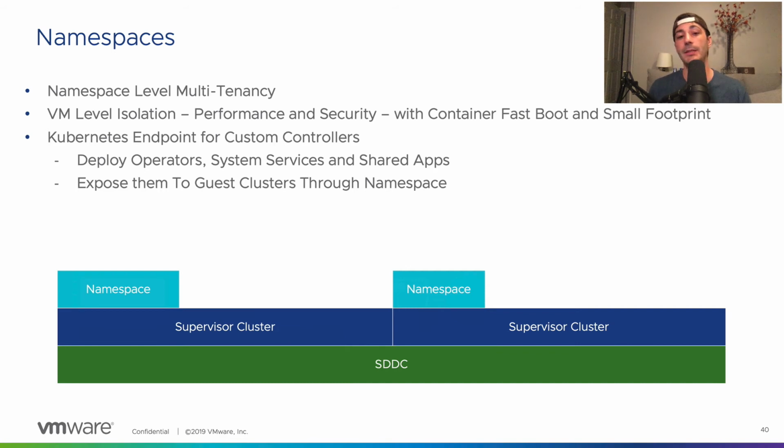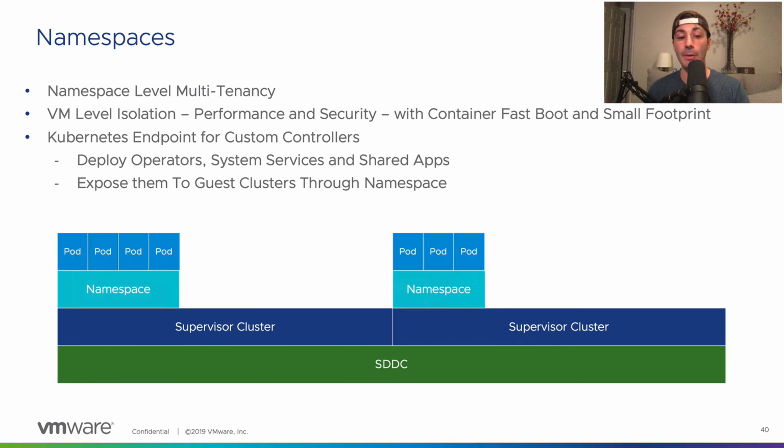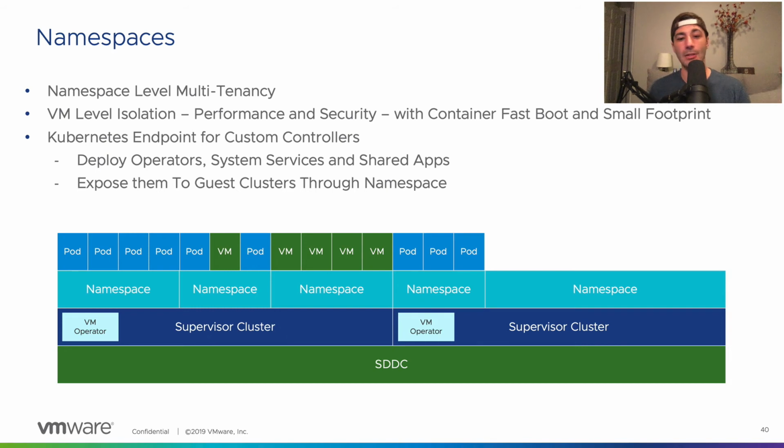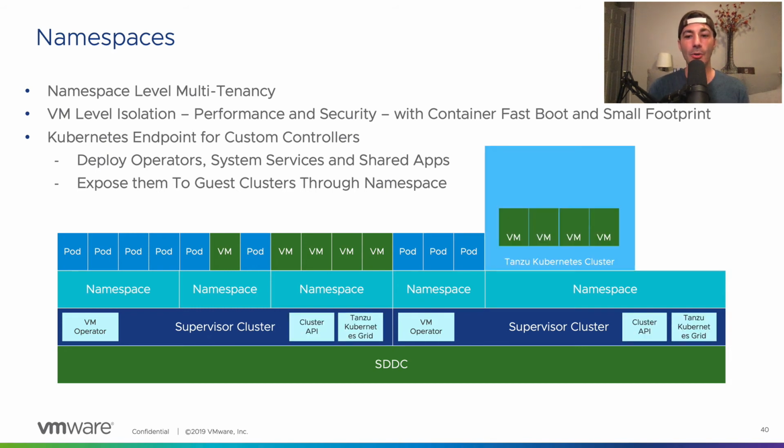So say a namespace is dedicated to a certain BU or a particular developer or a particular application, whatever it is, you define whatever this boundary is. And you can say, okay, these namespaces have all these native pods running in them. Some of these namespaces might have virtual machines. Some of them might have Tanzu Kubernetes grid clusters. So I can do that utilizing a multitude of different things.